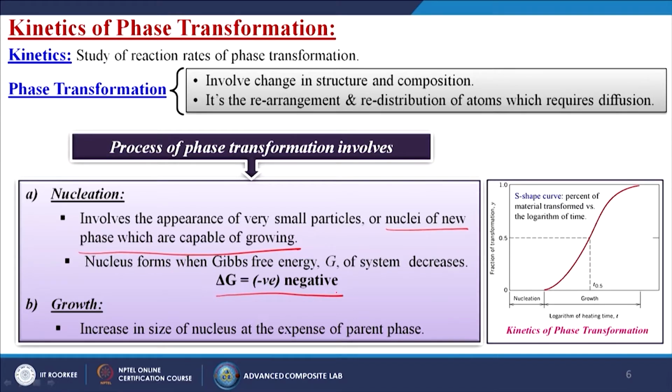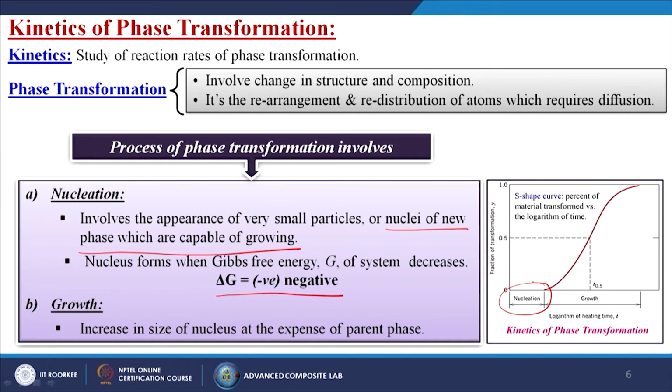Now, growth is the increase in size of the nucleus at the expense of the parent phase. So, now it has been born and will become bigger and bigger. This is known as nucleation, and after that the growth starts tremendously, and this is the graph of fraction of transformation versus logarithm of heating time.